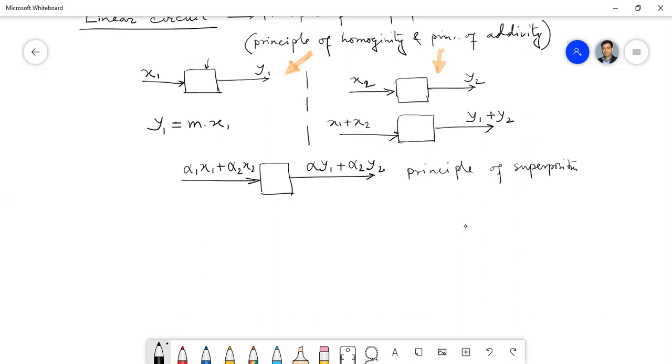A source is kept off means shorting it in case of independent voltage sources, and opening it for independent current sources.